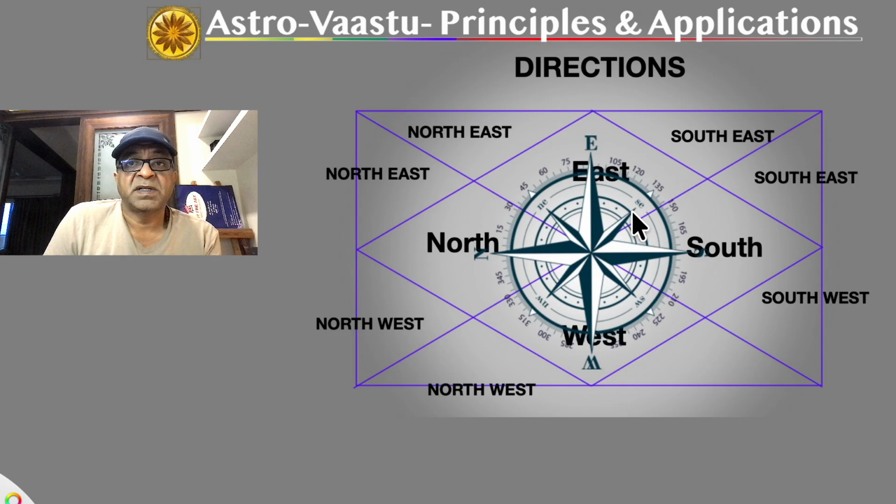So you're stuck there. The objective is not to have a misaligned chart with whatever you're living in, your apartment, your house. We are trying to align it. The whole effort of Astro-Vaastu is to align you properly to your own chart. Take precautionary measures wherever malefics are sitting in your chart.